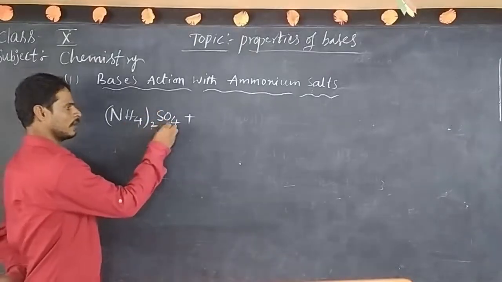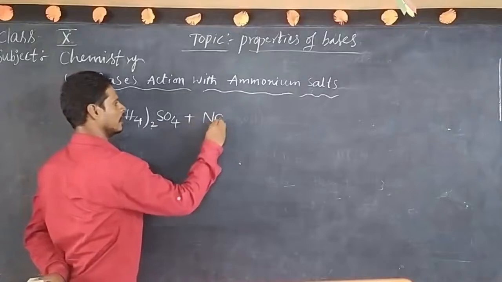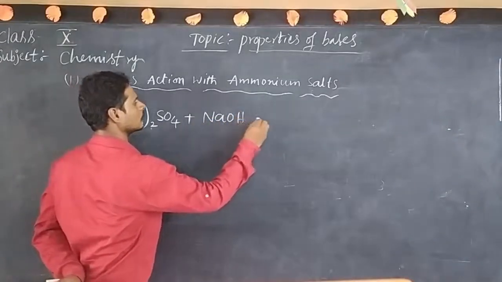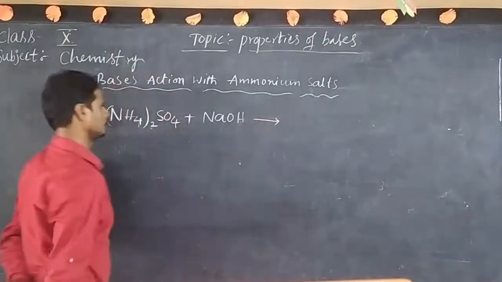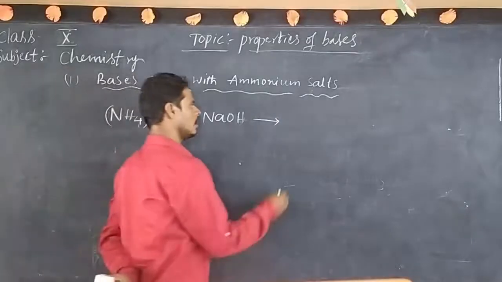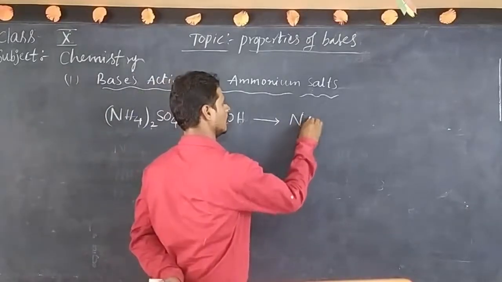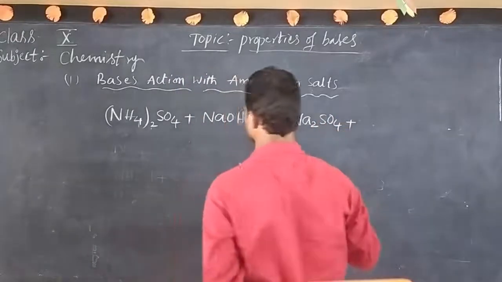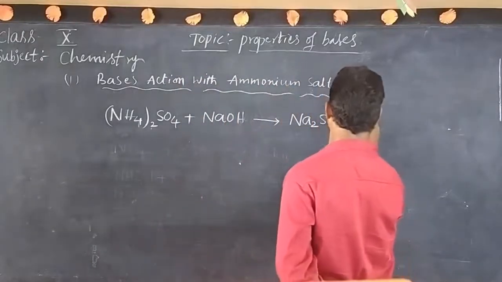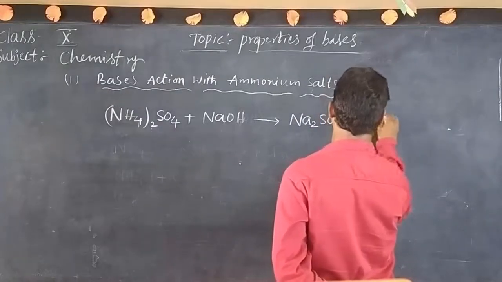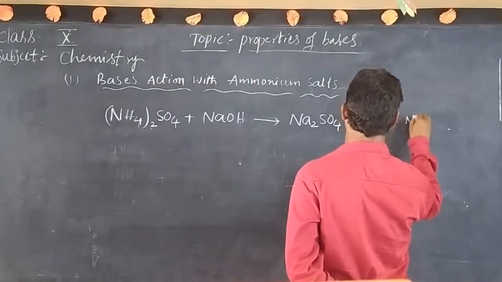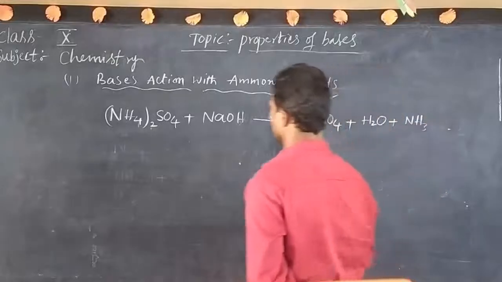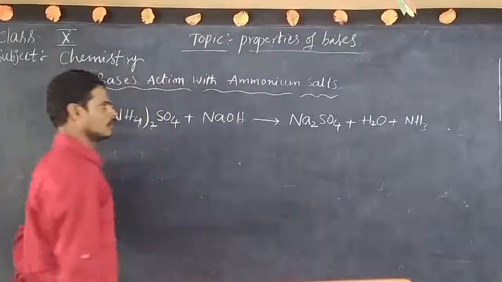This ammonium sulfate reacts with the base to form salt, water and an ammonia molecule: Na2SO4 plus H2O plus NH3. Now check it here.